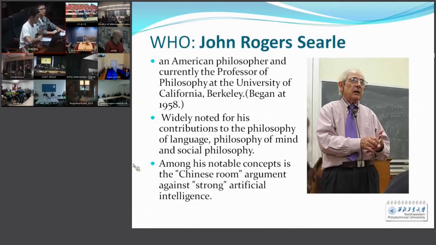He began to teach in Berkeley in 1959, and among his notable concepts is the Chinese room argument against strong artificial intelligence. We can see Searle is not an engineer or a scientist. He is a philosopher. In this way, we can see that artificial intelligence is not only an engineering subject, but it also crosses so many other branches.